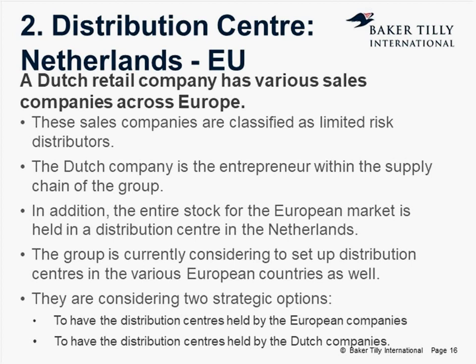If this exemption can no longer be applied and the distribution centers are held by the Dutch company, it's more likely that a foreign PE will be deemed to arise. That makes a significant difference, because in the new situation the profits allocated to the distribution centers are taxed in the source countries, while in the current situation the profits allocated to the distribution centers are taxed at the level of the Dutch company.